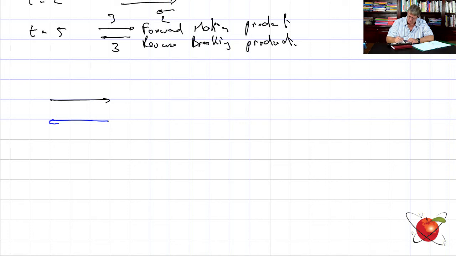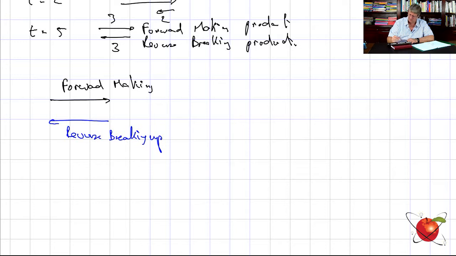So this is reverse, the rate of reverse. This is the breaking up. And the top one is the forward, the making of product. Breaking up of product and making up of product.